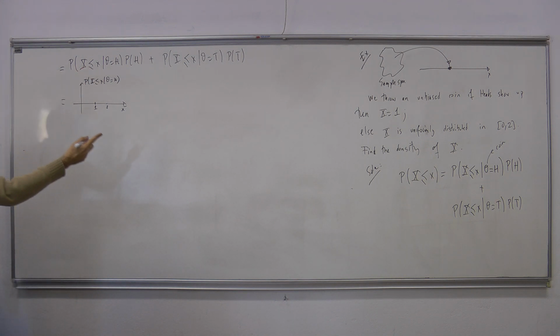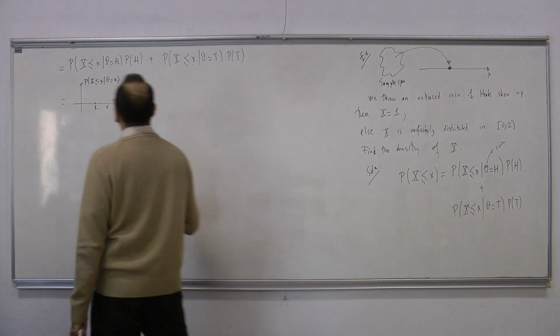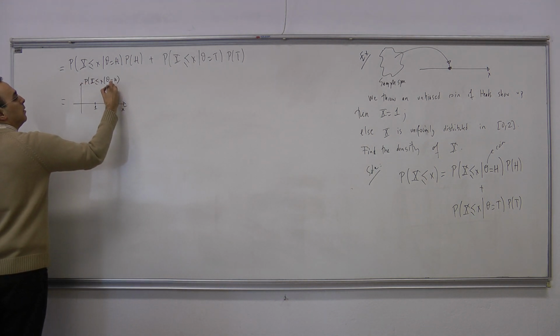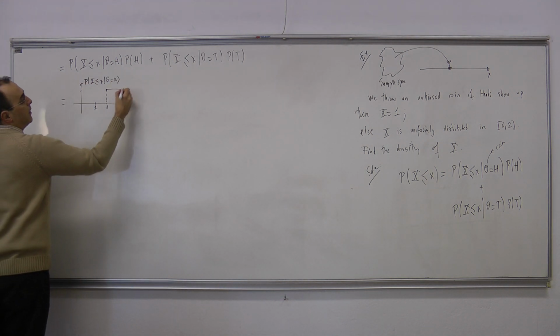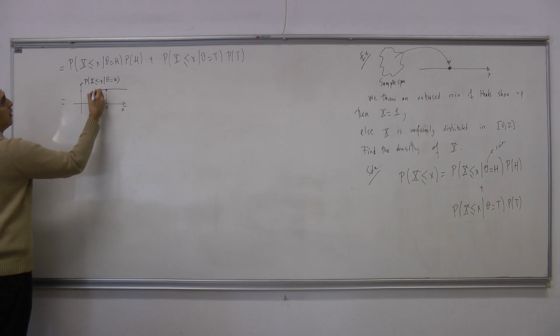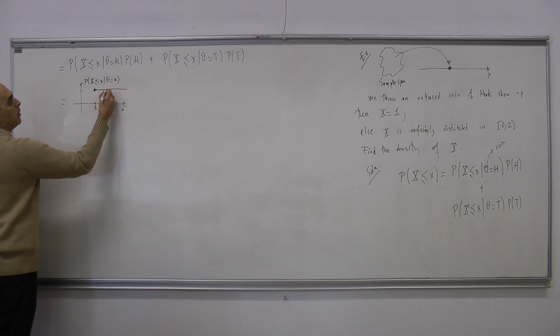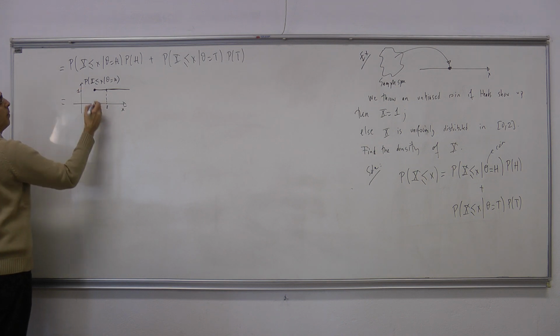Okay, by the definition, the random variable is equal to 1. So it will be reaching probability of 1 at this level. So as you can see, it is taking the value of 1, and this is empty.